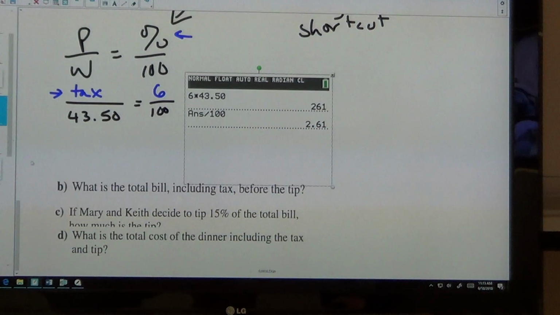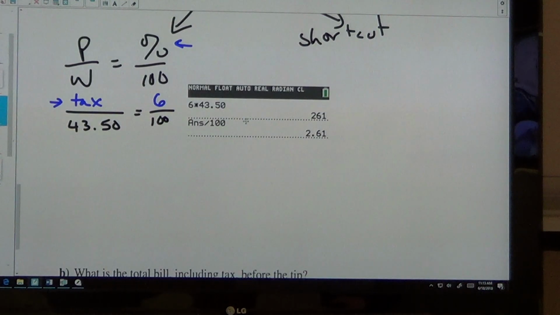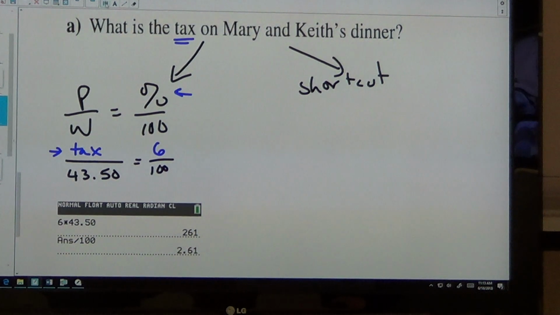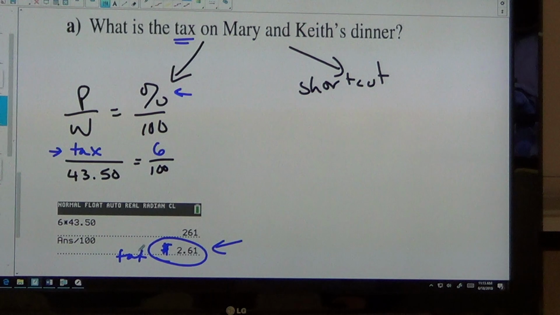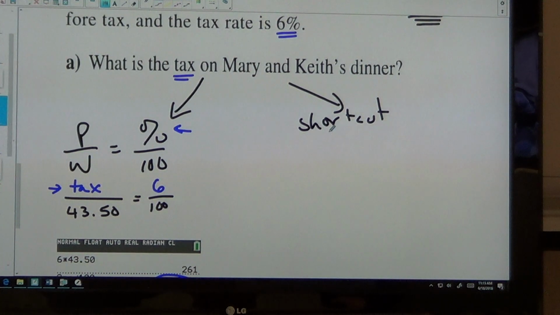But in reality, what does it represent? Tax. The tax. Now, my question says, what is the tax? So $2.61 represents my tax.